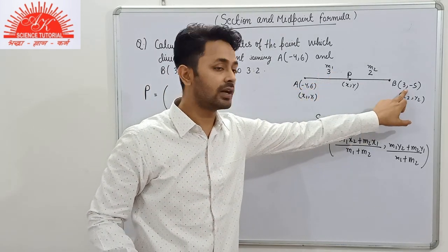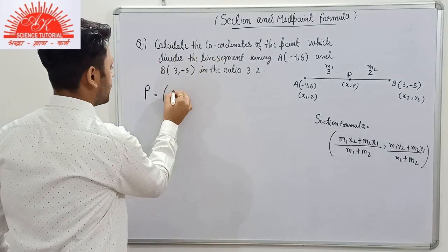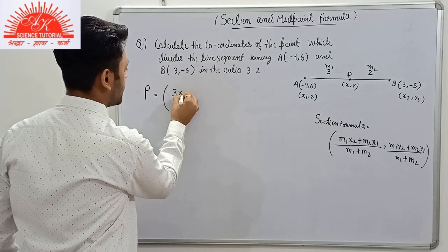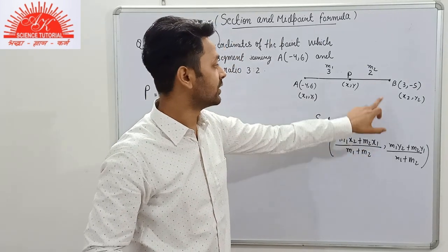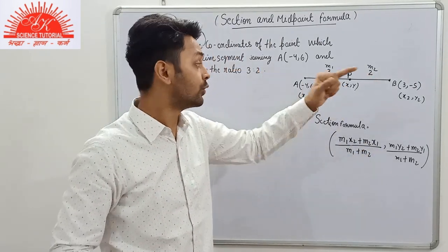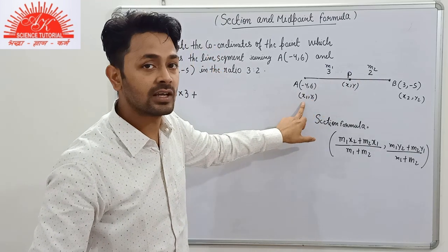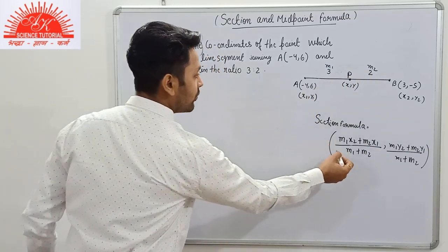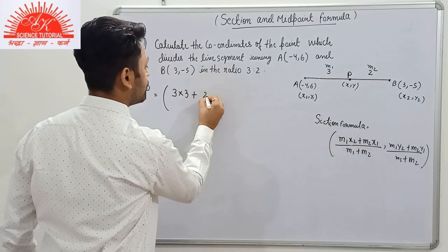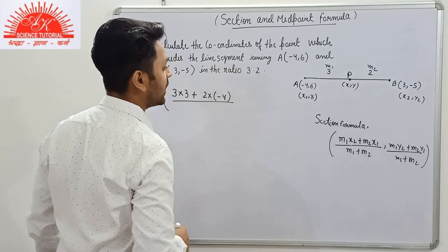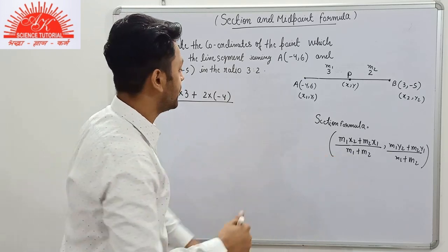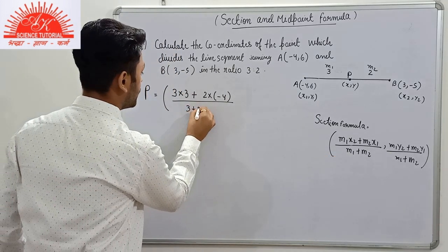The value of x2 here is 3. So m1 multiplied by x2 is 3 multiplied by 3, plus m2 multiplied by x1. The value of m2 here is 2 and the value of x1 is minus 4. So m2 multiplied by x1 means 2 multiplied by minus 4. In the denominator we have m1 plus m2, meaning 3 plus 2.